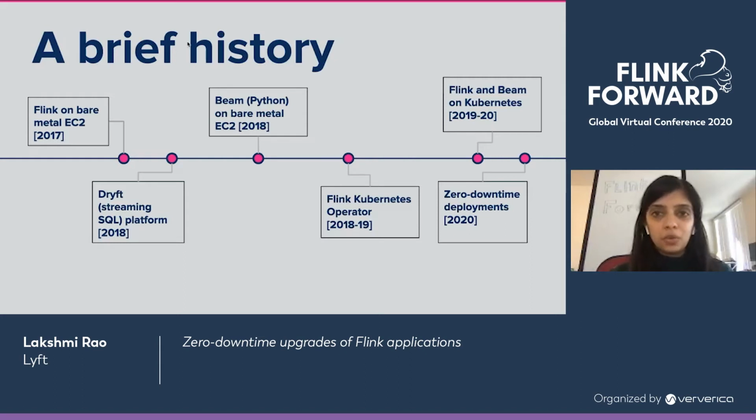That sort of formed the core crux of enabling Flink deployments on Kubernetes at Lyft. And with that infrastructure in place, we were able to move all of our Beam and Flink jobs to our newer deployment stack. And this unlocked our ability to perform more flexible deployments. And today I'm going to talk about one such deployment strategy, that's zero downtime upgrades.